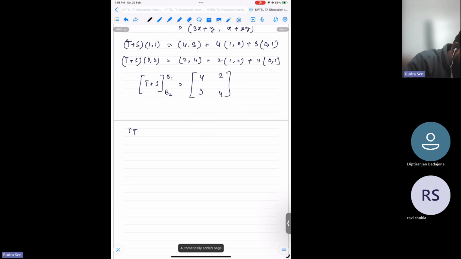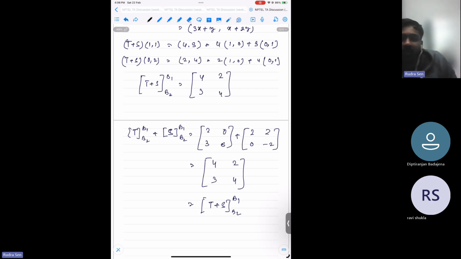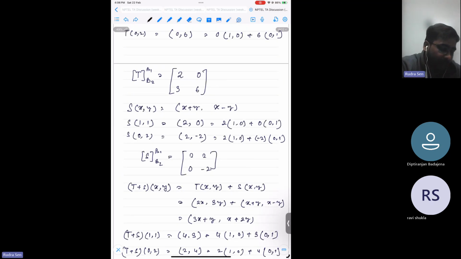Now we have to do these two additions and check: [2 3; 0 6] plus [2 0; 2 -2] gives [4 3; 2 4], which equals (T + S) from B1 to B2. That means our property has been verified, right?